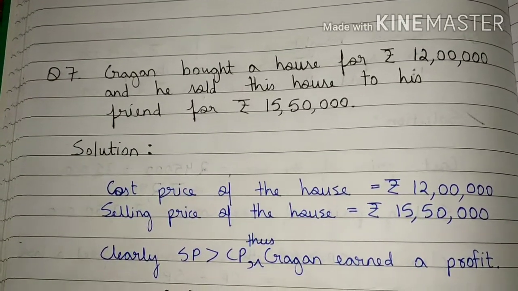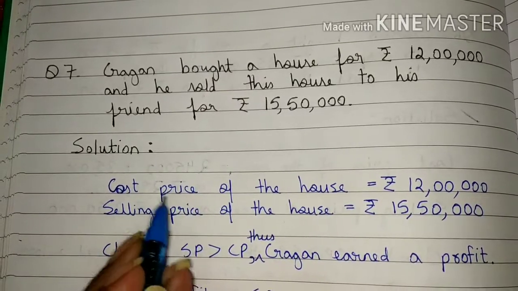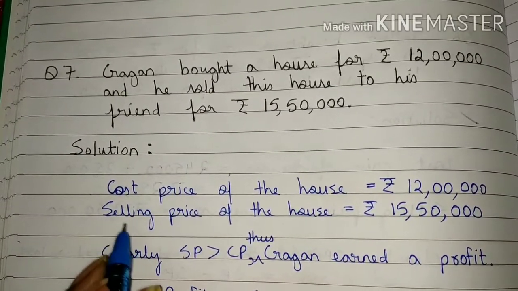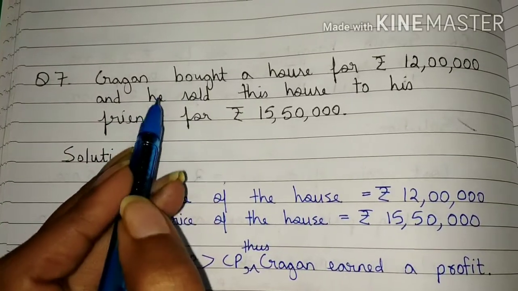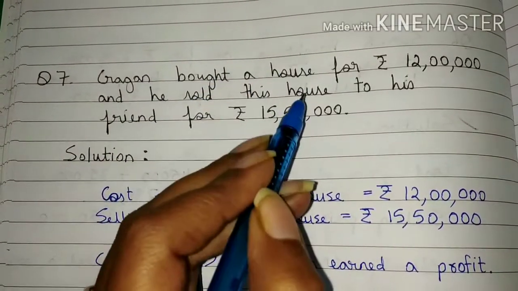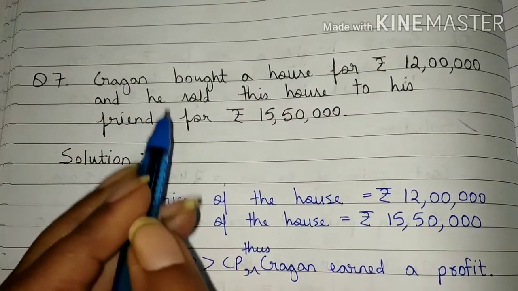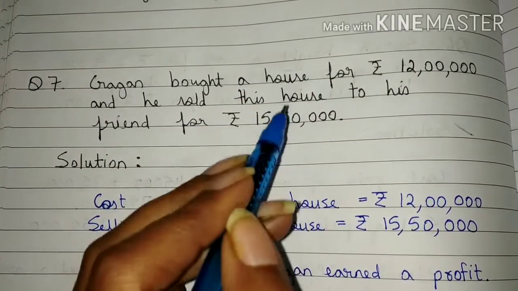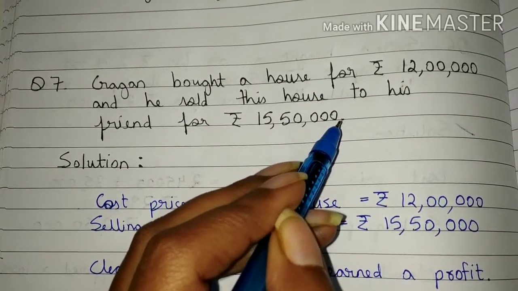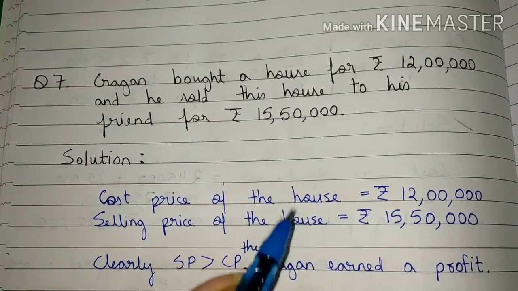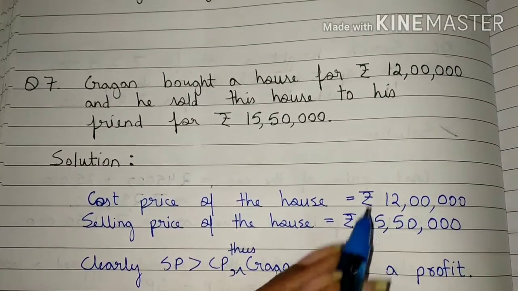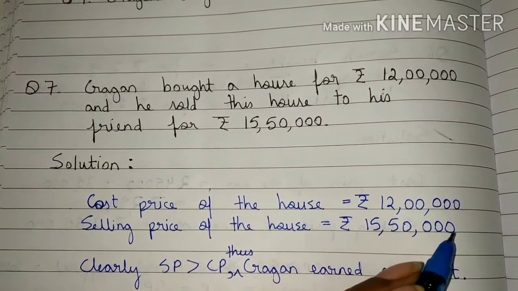And selling price is the price at which a person sells something. Gagan sold the same house to his friend for rupees 15 lakh 50,000. So the selling price of the house is rupees 15 lakh 50,000.